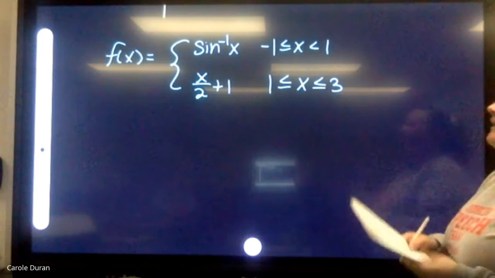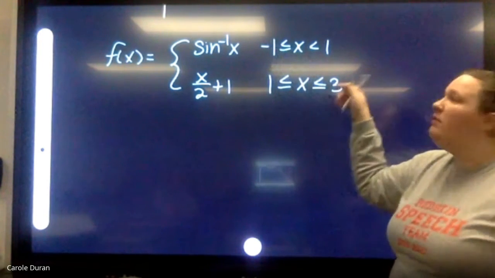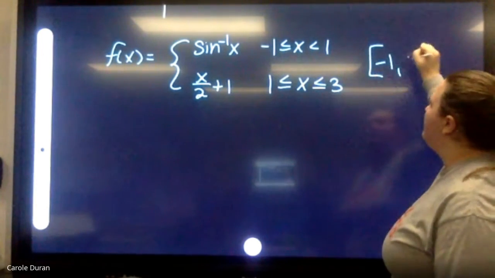So wait, do we have an interval or is that our interval? My interval was given by the piecewise itself, so I can see that my interval is from -1 to 3.